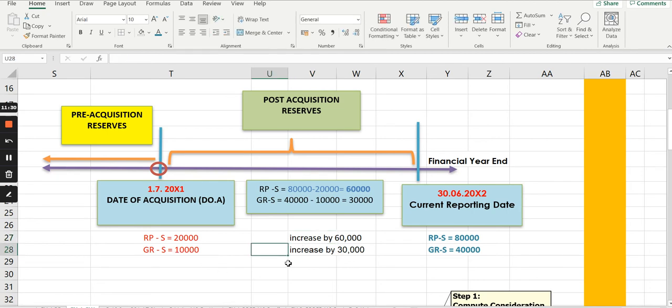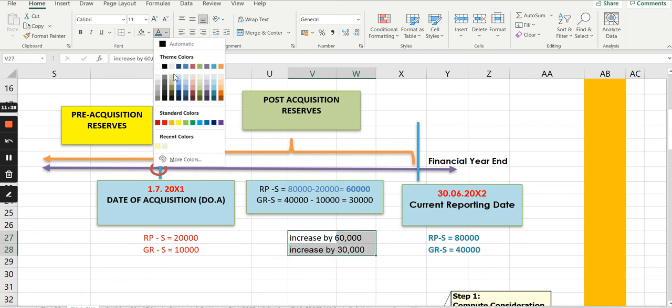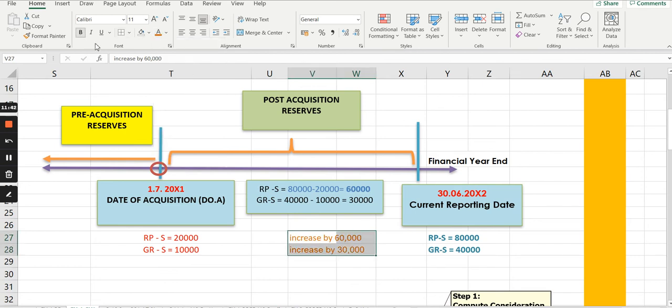Why? Because the holding company will have the right to a share of this post-acquisition reserve, which is the orange color there.